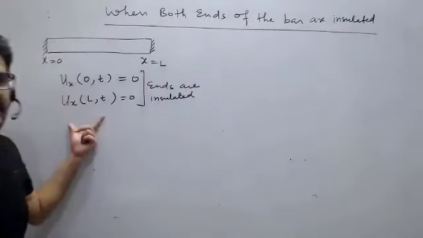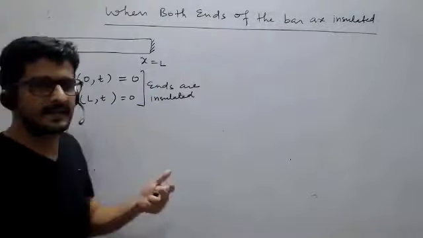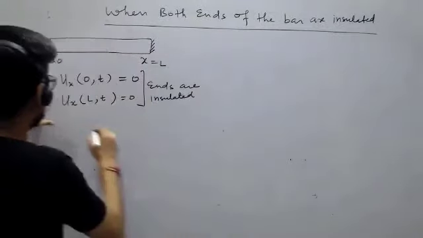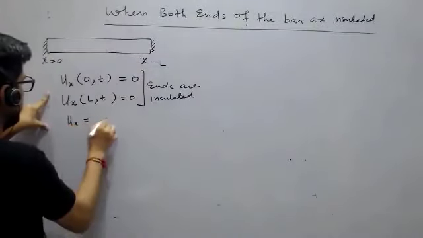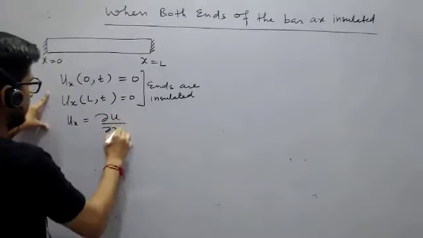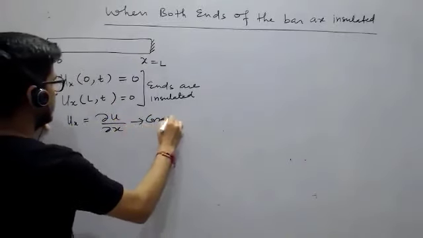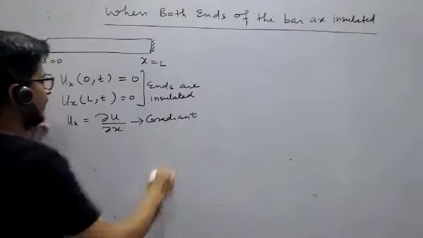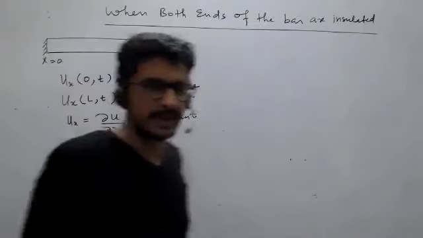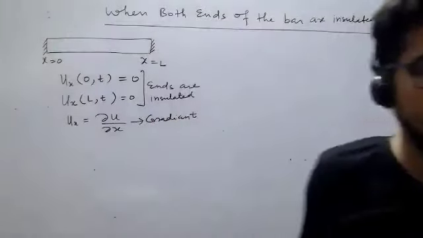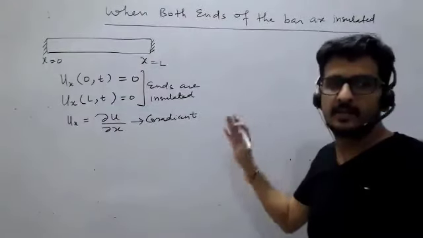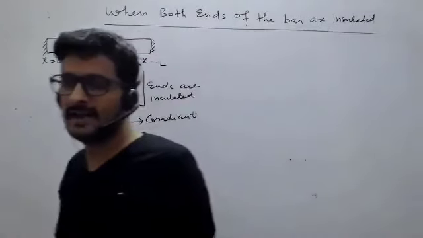So there is no gradient. x के रेस्पेक्ट में डेरिवेटिव का क्या मतलब होता है? मतलब u_x means del u by del x. So that means gradient. And with respect to time, that means rate. So the gradient is 0 this time because the ends are insulated. There is no change at the end.